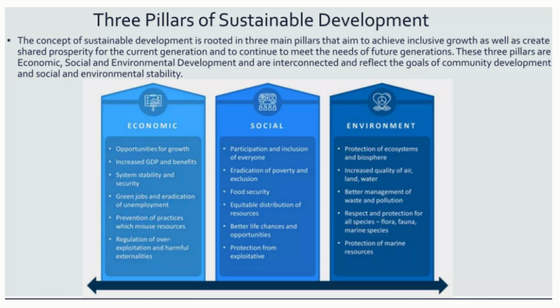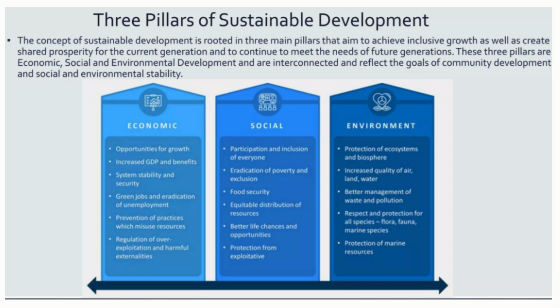For economic, we have opportunities for growth, increased GDP and benefits, system stability and security, green jobs and eradication of unemployment, prevention of practices which misuse resources, and regulation of overexploitation and harmful externalities.